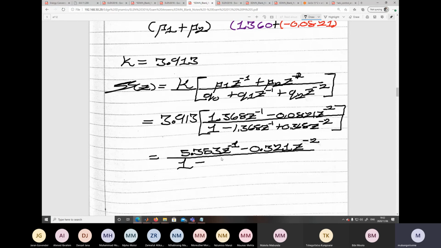Okay, it's 1.368 z to the minus 1 plus 0.3687 z to the minus 2. Correct?